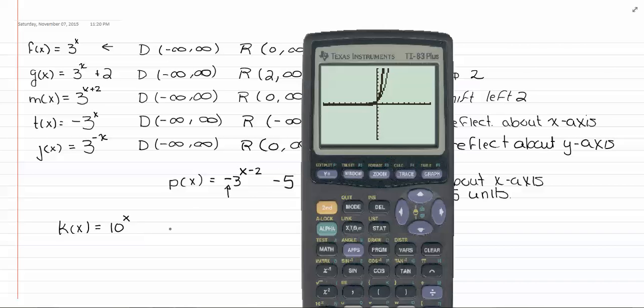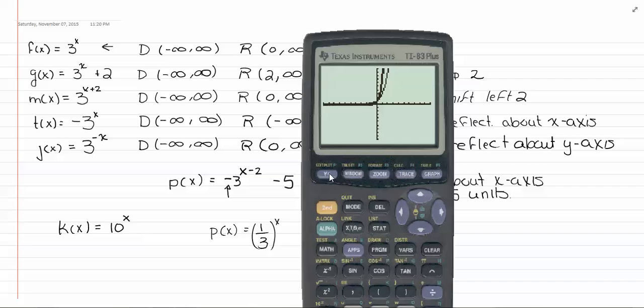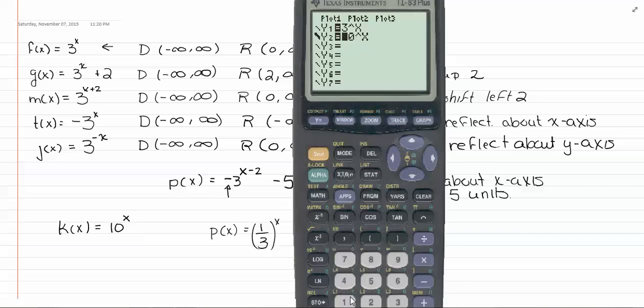All right, and so your base like that is going to shoot up quick. But if I have a base that's a fraction, right, instead of 3, I have it as 1/3 to the x, you might think, well, it goes up slower, but not really. Watch what happens with that one. If I put in 1/3, so let's use parentheses, 1 divided by 3, and raise that to the x power.